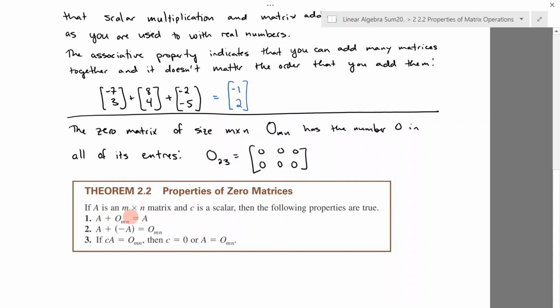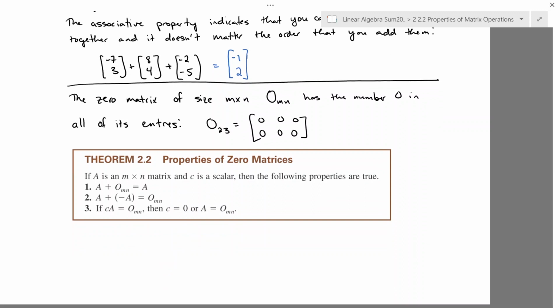Any matrix plus the zero matrix doesn't change the matrix. And if you subtract a matrix from itself, it cancels out and you get the zero matrix. And if you have a scalar times a matrix and it's equal to the zero matrix, either the scalar multiple was 0 or the matrix itself has to be the zero matrix. So again, this behavior is similar to what we're already used to.